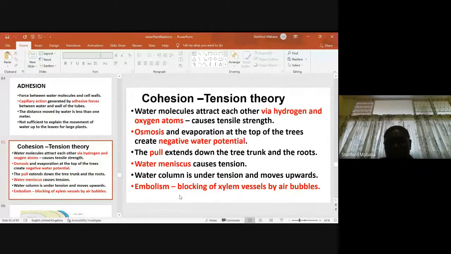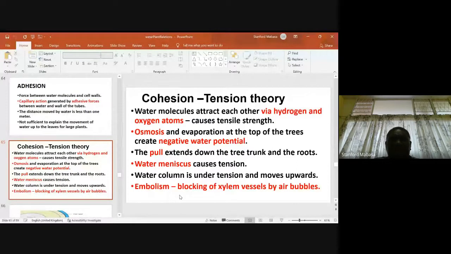There's also another factor which is known as the water meniscus. I know we can demonstrate it in a measuring cylinder as a curved surface when we pour water in a measuring cylinder.